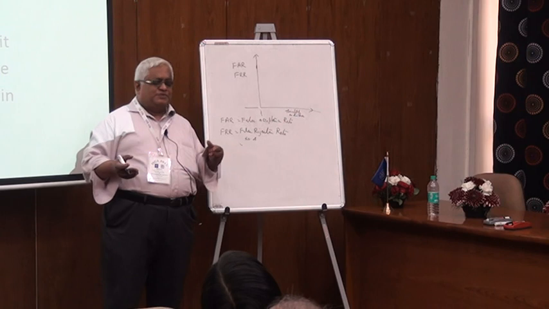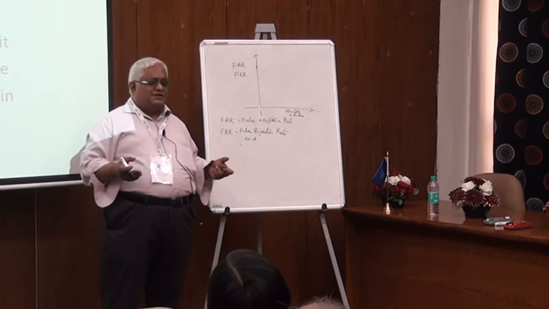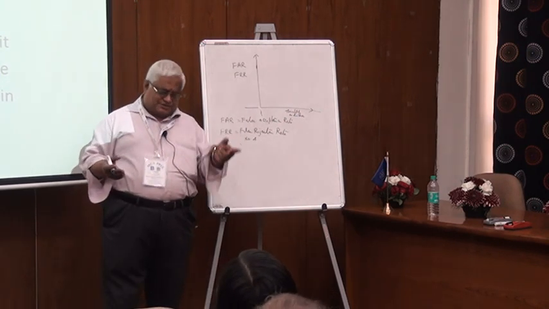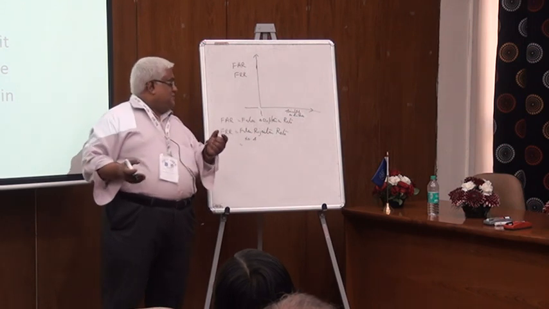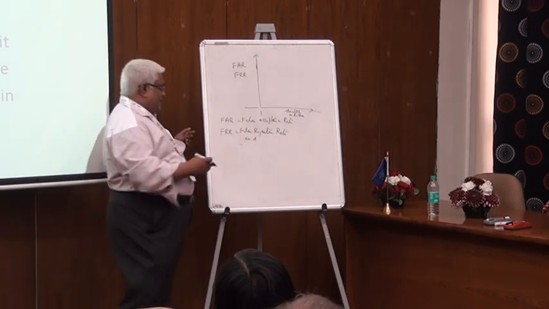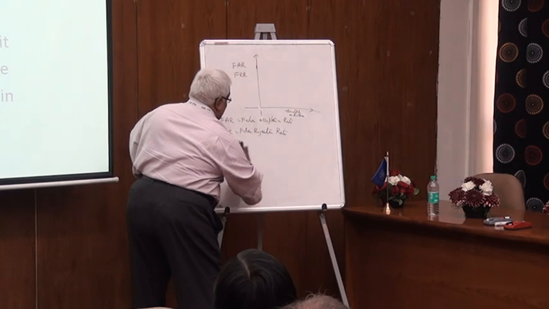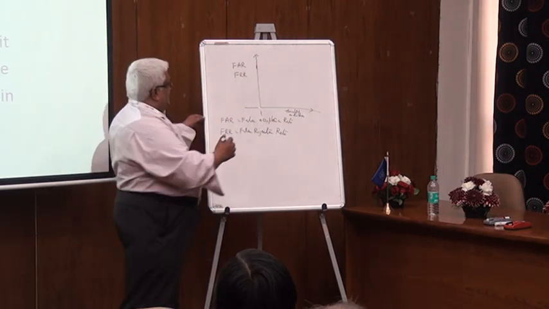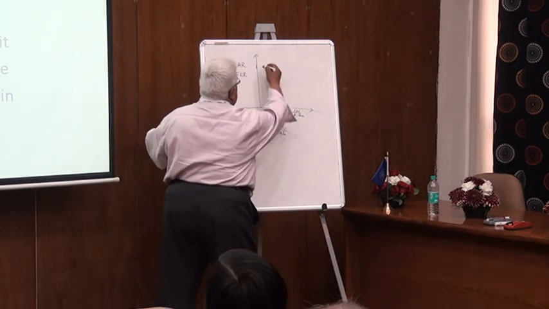A person who is within the system is falsely decided as a person outside the system. So false rejection. The curve is going to be like this.